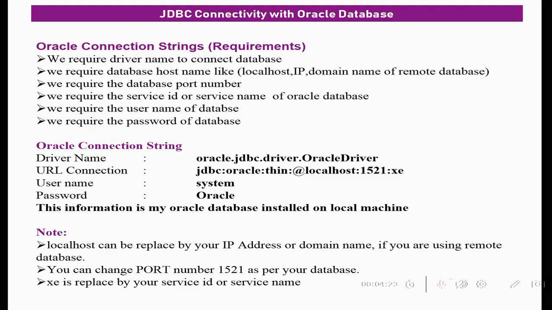Now note, localhost can be replaced by your IP address or domain name if you are using a remote database. You can change port number 1521 as per your database if it is different. XE is replaced by your service ID or your service name. That's it. Let's move to the next screen.